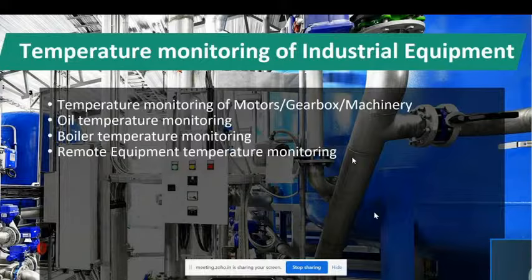So we are already doing some applications regarding motor and cutting oil temperature monitoring in automotive industries and precision manufacturing industries, where we are monitoring temperature data from the motors and also cutting oil data. This improves the efficiency and reduces downtime. Also, when the oil gets heated, the tools break more frequently.